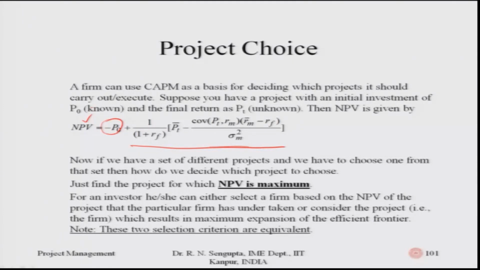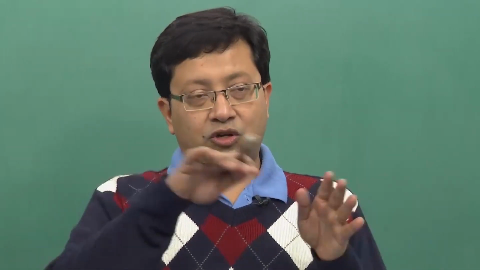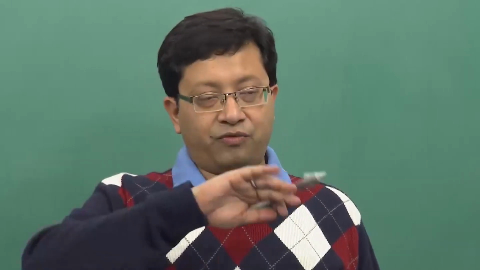For an investment, either he or she can select a firm based on the net present value, or consider the project which results in maximum expansion of the efficient frontier. Efficient frontier is basically the set of all those projects or investments which give you the maximum in the risk return framework.